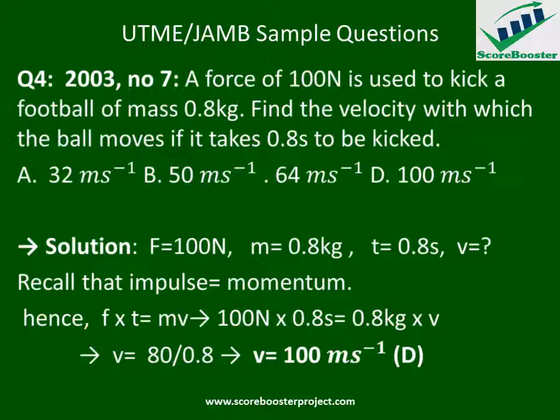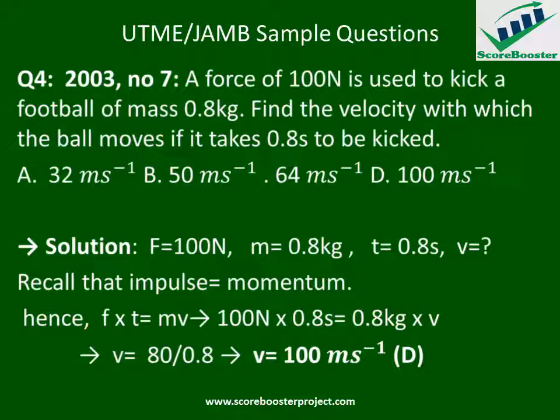In solving this particular question, you have to write out the given parameters first. You have force, which is given to be 100 Newton, then the mass m, which is 0.8 kilogram. The time t is 0.8 seconds, while v is not given. So we have to recall that impulse is equal to momentum, and hence F times t will be equal to mv.